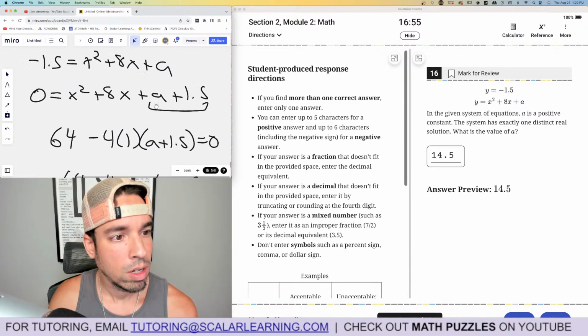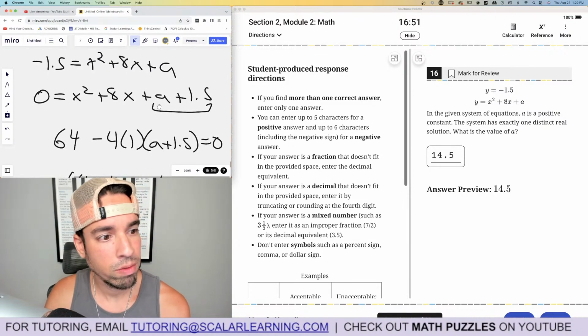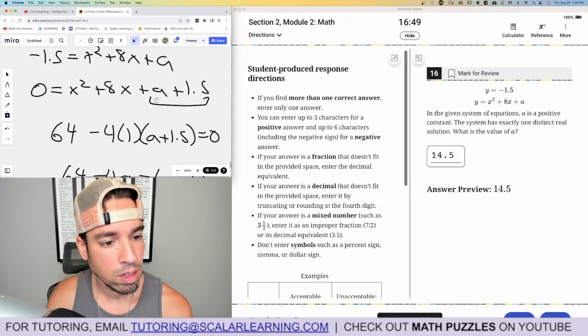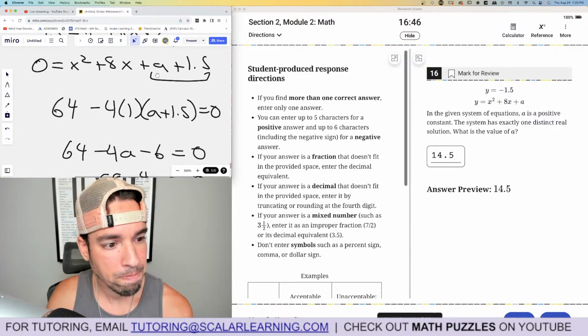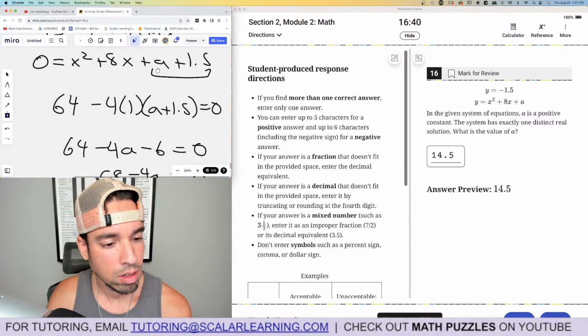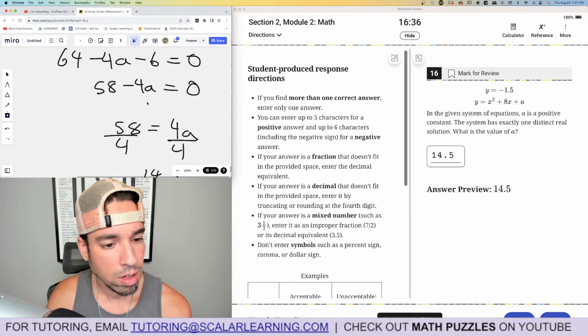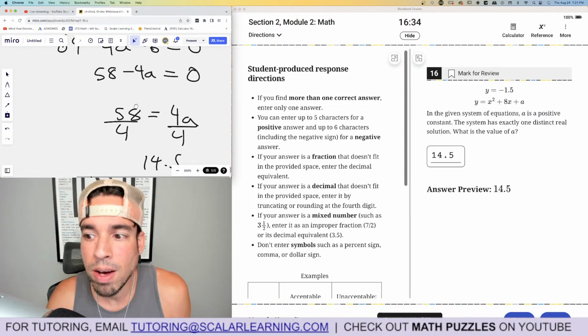Yeah, here we go. X squared plus 8x plus a equals negative 1.5, positive 1.5, negative 4a minus 6. Hold on a second. Minus 6, that's 58 minus 4a equals 0. A, and then a is 14.5.